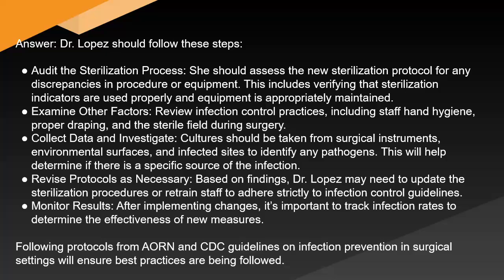Based on findings, Dr. Lopez may need to update the sterilization procedures or retrain staff to adhere strictly to infection control guidelines. Monitor results. After implementing changes, it's important to track infection rates to determine the effectiveness of new measures. Following protocols from AORN and CDC guidelines on infection prevention in surgical settings will ensure best practices are being followed.